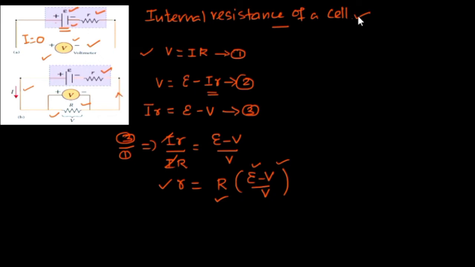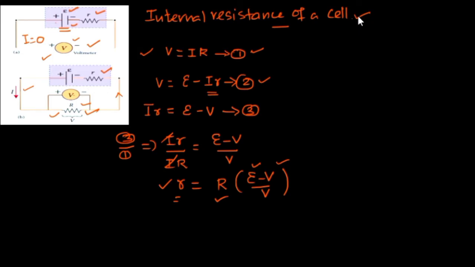Therefore the voltage will be epsilon minus I into r, and the same thing is shown by this voltmeter, which is parallel to the external resistance, and this will show V is equal to I into R, that is Ohm's law. So comparing these two equations, we find the internal resistance. This is a very important question. Hope you have understood this.